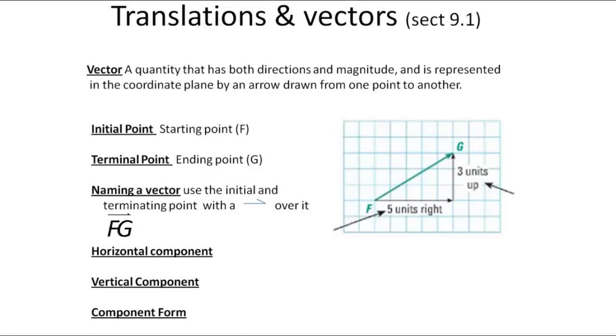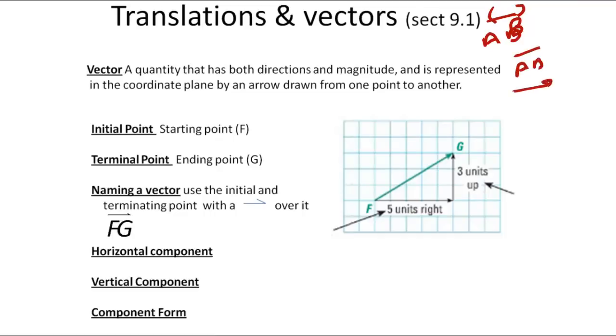When I go to name a vector, I use the initial and the terminating point over it, and I use that FG with a kind of like a ray symbol, but only half of it. So just a quick refresher and remembering thing. Remember that if I have AB and I put a line over it, then it's line AB. If I just have a segment, then it's segment AB.